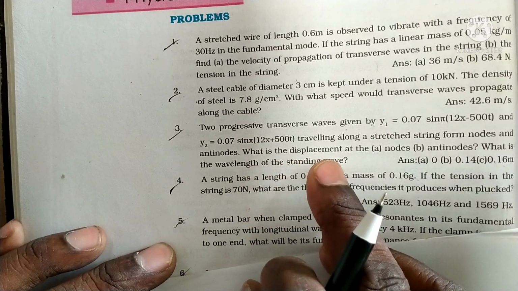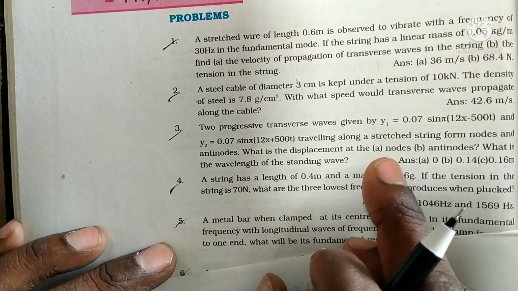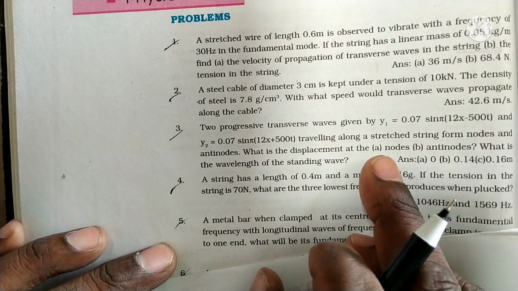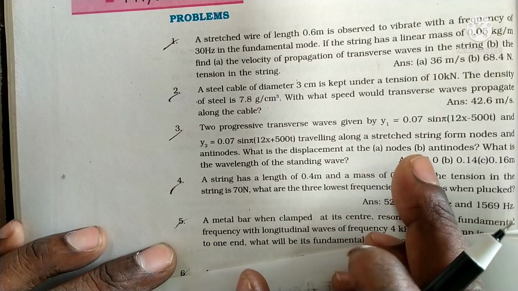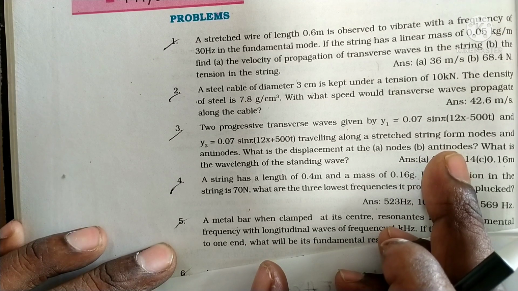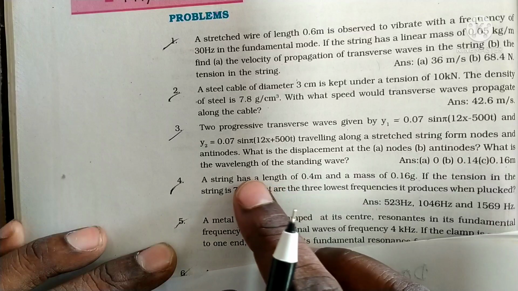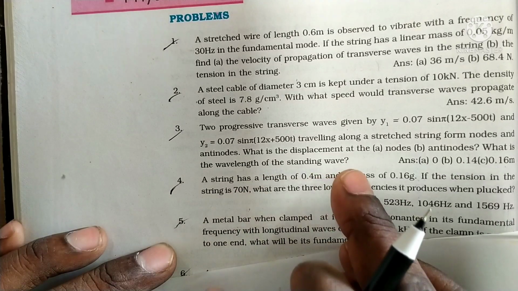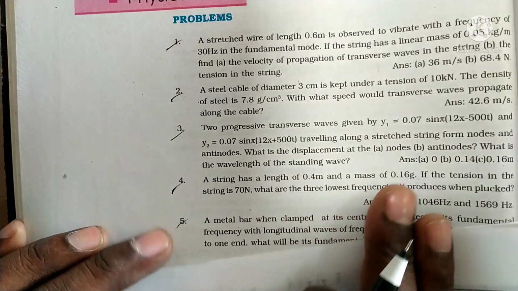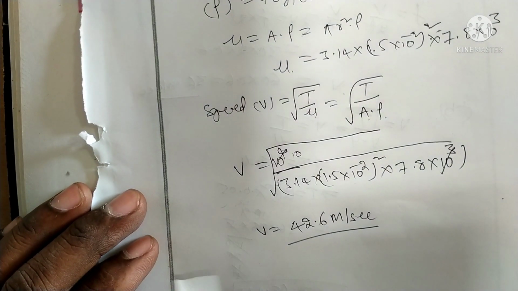What is the displacement at the nodes? What is the displacement at the antinodes? And also, what is the wavelength of the standing wave? Okay, the third problem.